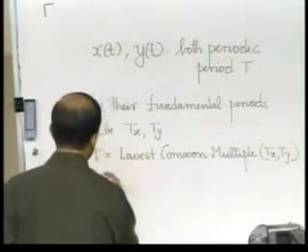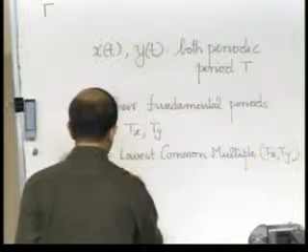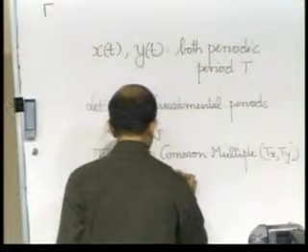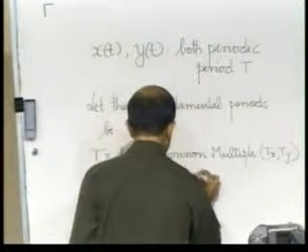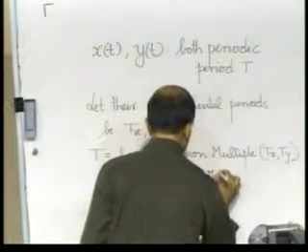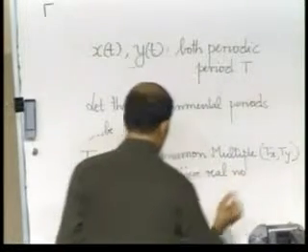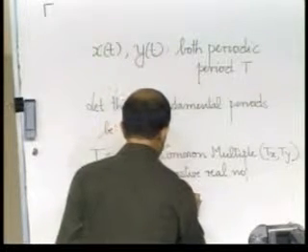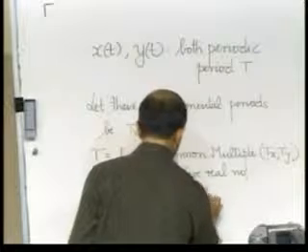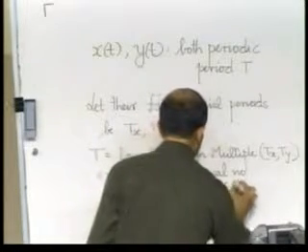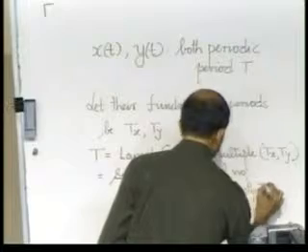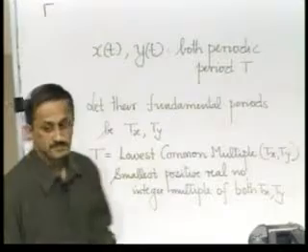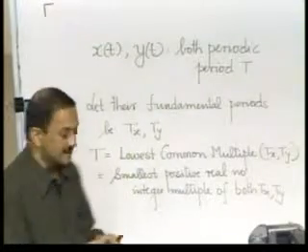So, what do we mean? We mean it is the smallest positive real number which is an integer multiple of both Tx and Ty.